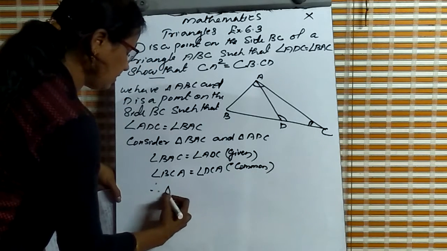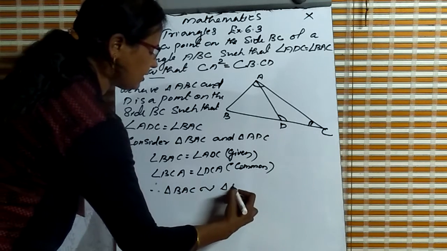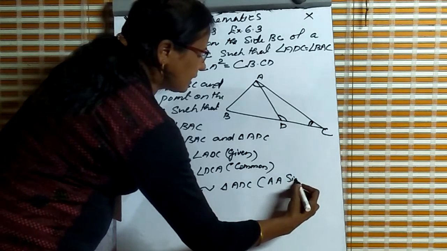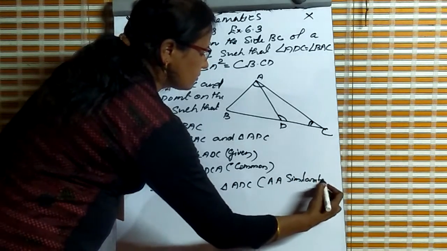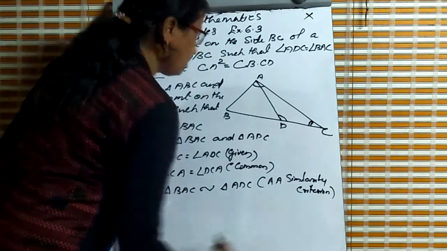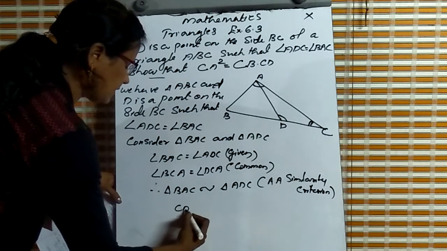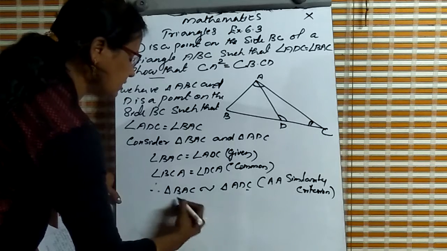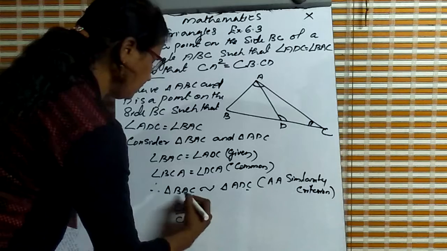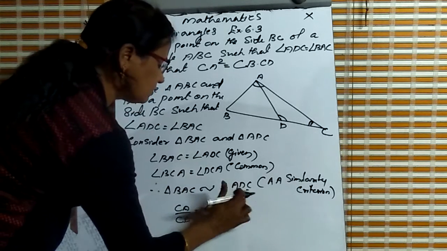Therefore, triangle BAC is similar to triangle ADC by AA similarity criterion. So its corresponding parts are proportional. Write the corresponding parts: CA by CD is equal to CB by CA.